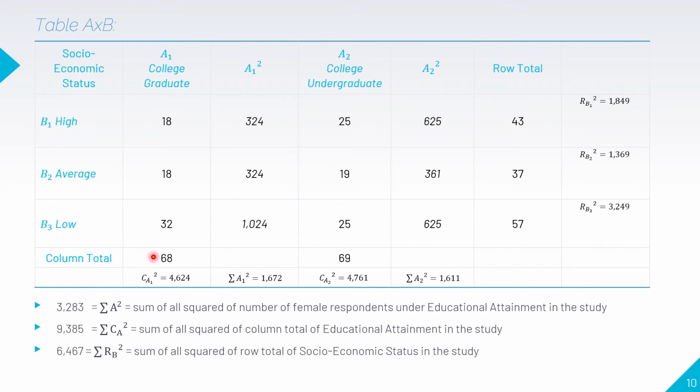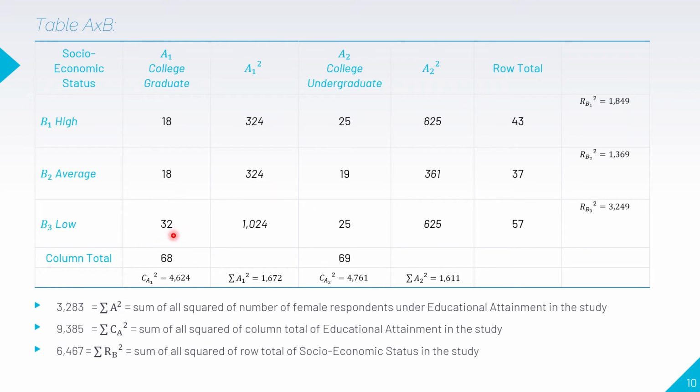In this table, we are now going to find our A squared, our A sub 1 squared, and our row total, B sub 1 squared. So how to find this one? Let's find first our A squared. So we just need to square this one. 18 squared is equals to 324. 18 to the second power, 324.